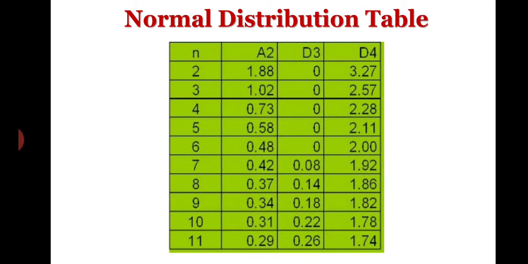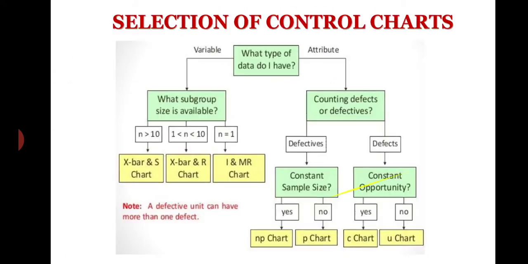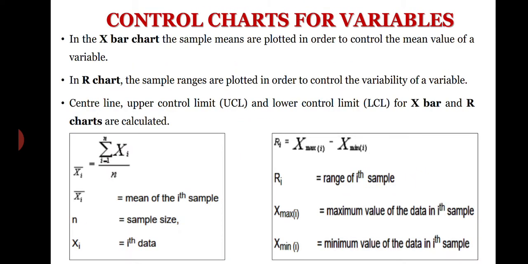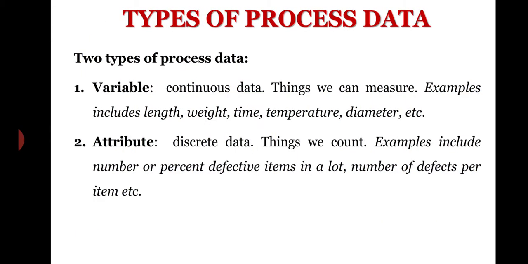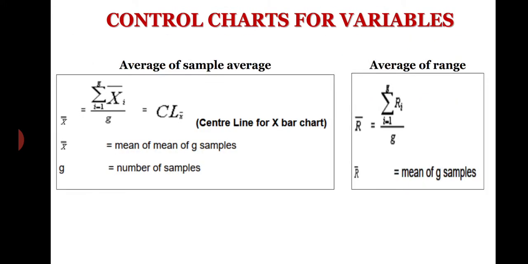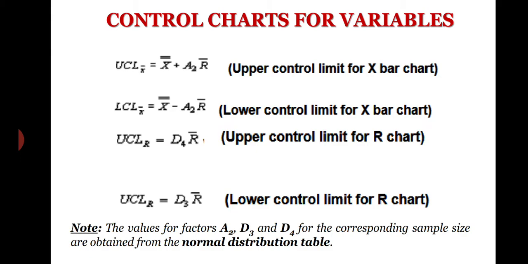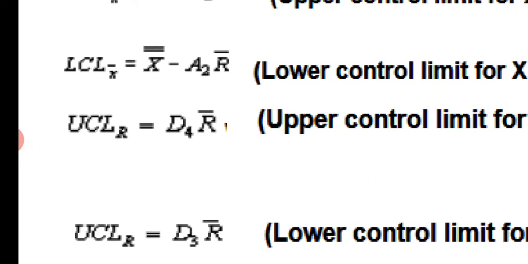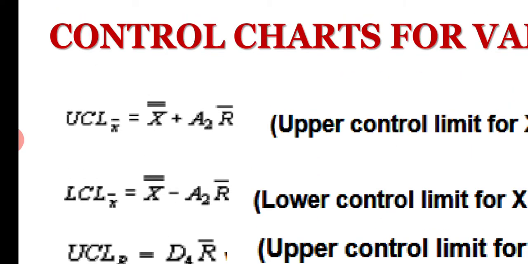Then only I can compute in my equations, which we discussed earlier. UCL of X bar is X double bar plus A2 into R bar. For UCL of R it is D4 into R bar, and LCL of R is D3 into R bar.